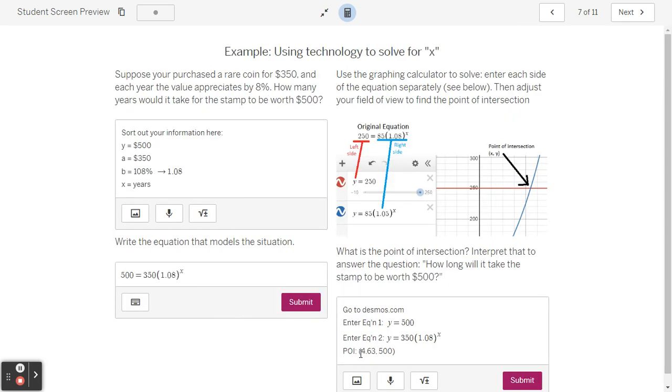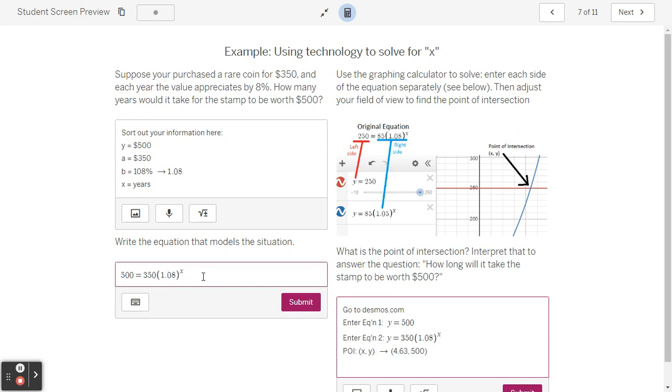Now remember that our coordinates are always written in the format x and y. So they've told us that the x value is 4.63, and that answers our question.